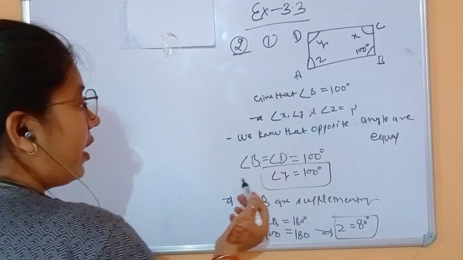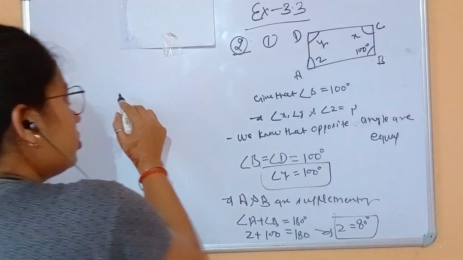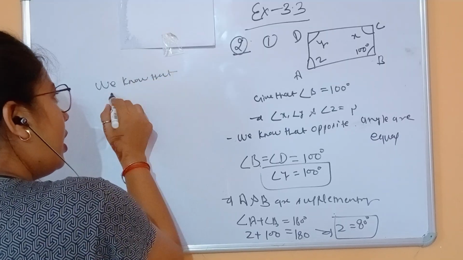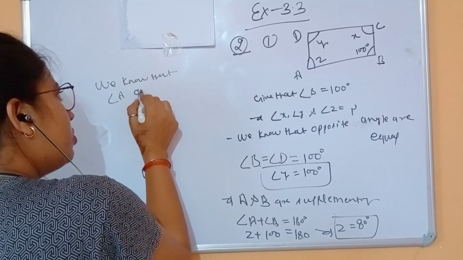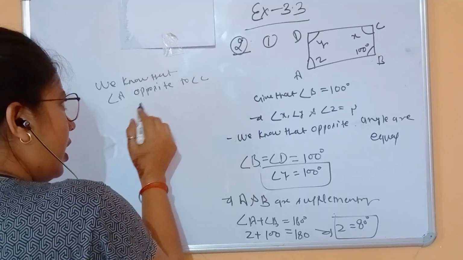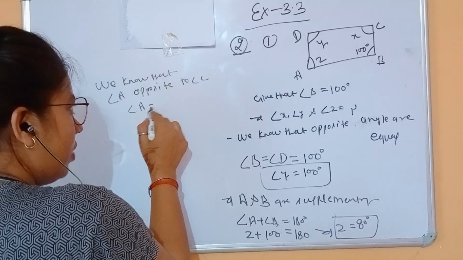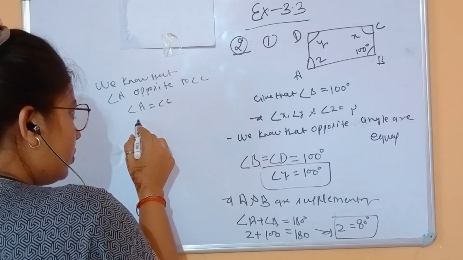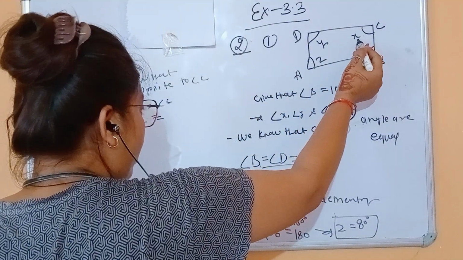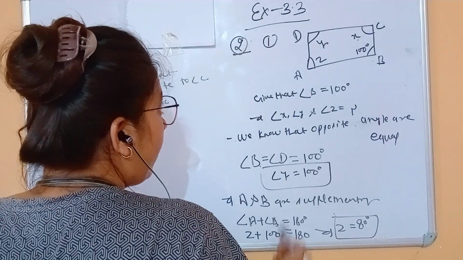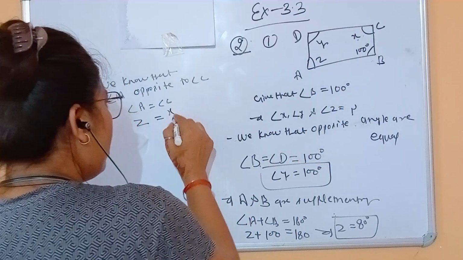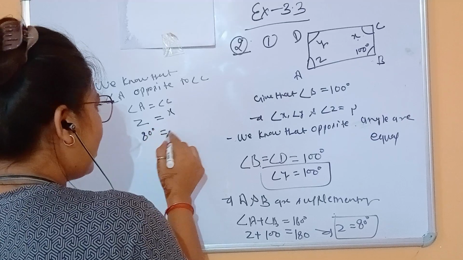Okay. So one angle is remaining, angle X. We know that angle A is opposite to angle C. Angle A is equal to angle C, that is Z. So angle C is equal to angle X. Angle Z is 80 degree here, so X is also 80 degree.